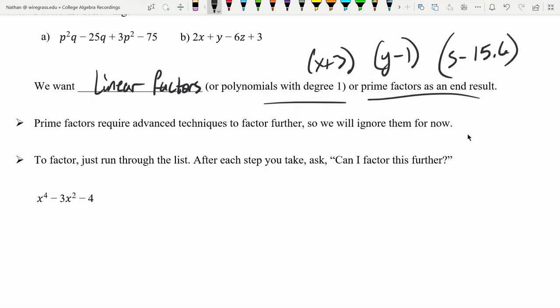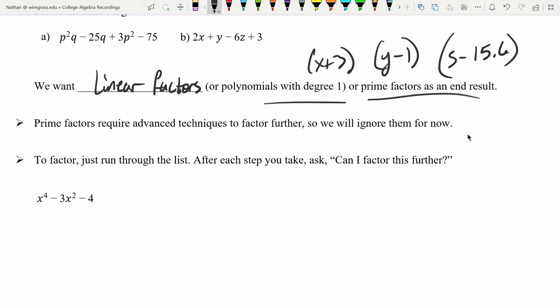You can see that the power on the variable is 1 and only 1. Now, prime factors, we can't factor them further. They do require some more advanced techniques, but we're not going to be looking at those. We only want these linear factors or prime factors for now.